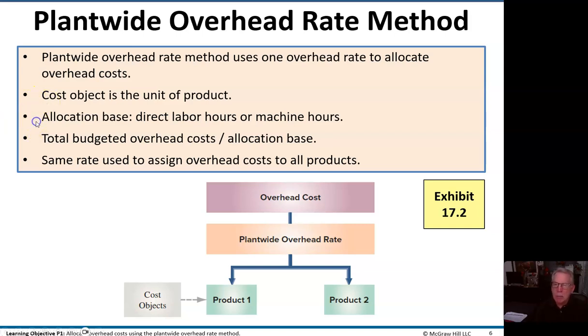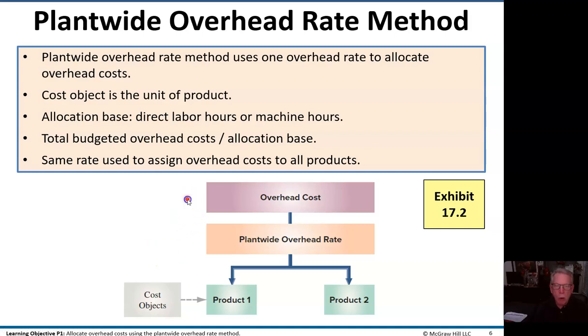And the allocation base is normally going to be direct labor hours, but can be machine hours. And we base it on the total budgeted overhead costs divided by that allocation base. And that allocation base can be machine hours or direct labor hours or any other logical base for allocation. That same rate is used to allocate overhead to all the products.